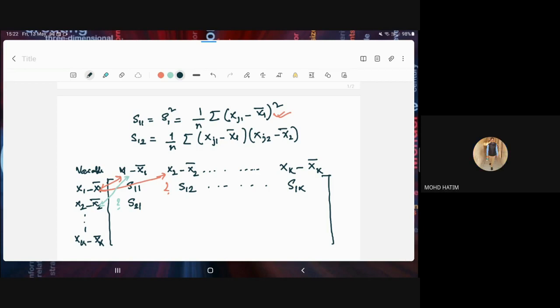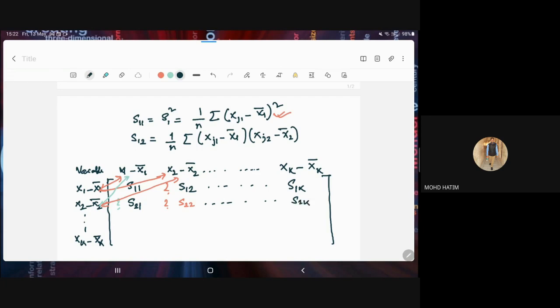And here in the second place, look, it is the variance of x2, and we write it as S22. And in this way, this is S2k.